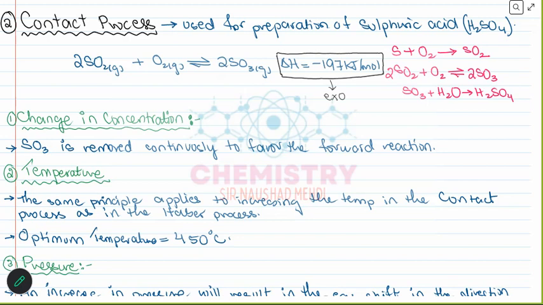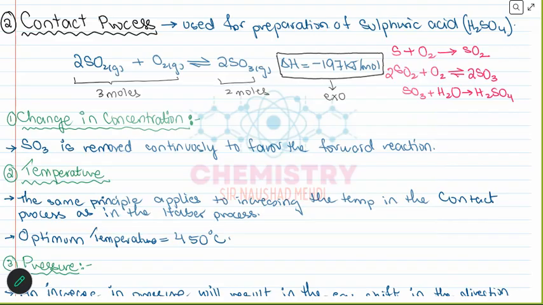Okay. Now, what do you say about pressure? Should pressure be kept high or low for the contact process? First we have to see the moles: three moles on the reactant side and two moles on the product side.